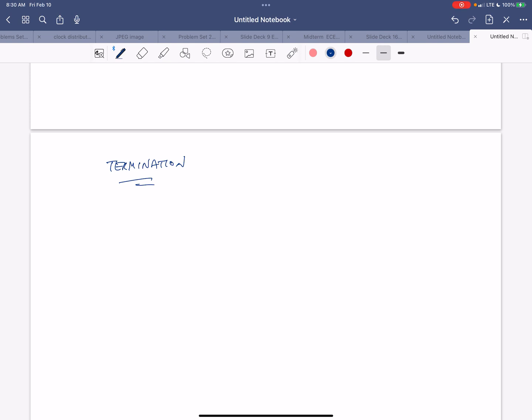Another electromagnetic wave is light. So when I have a light, let's say a laser pointer, it's an electromagnetic wave. Let's say I'm shining it at that window.